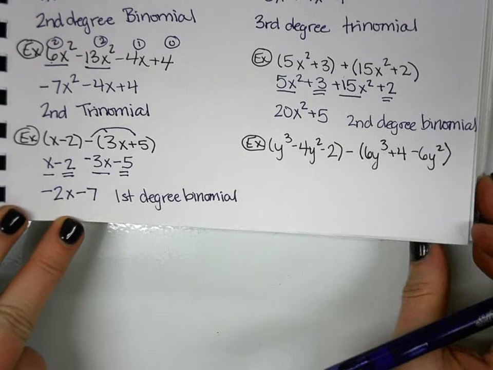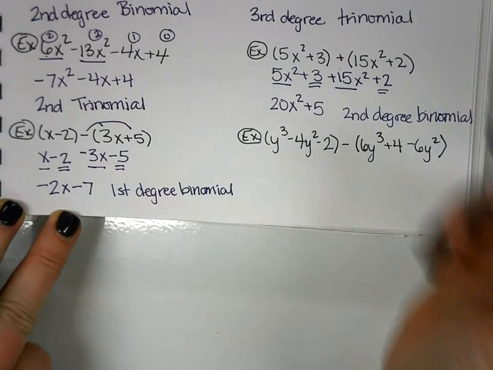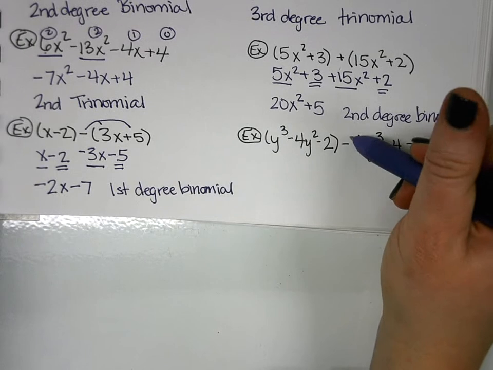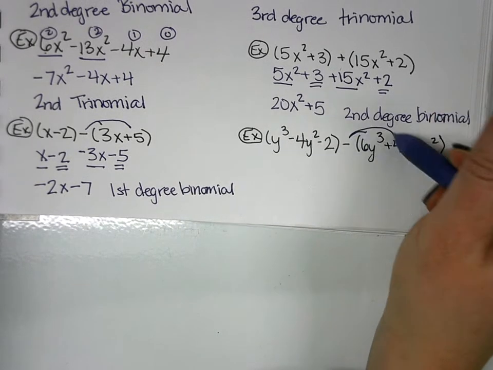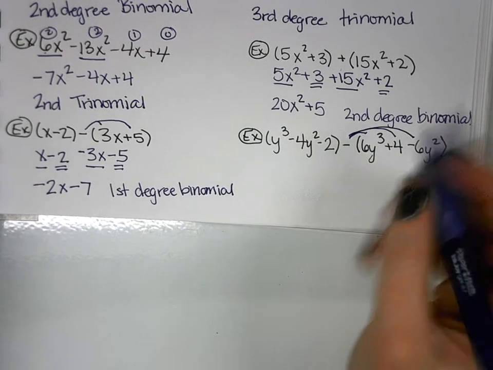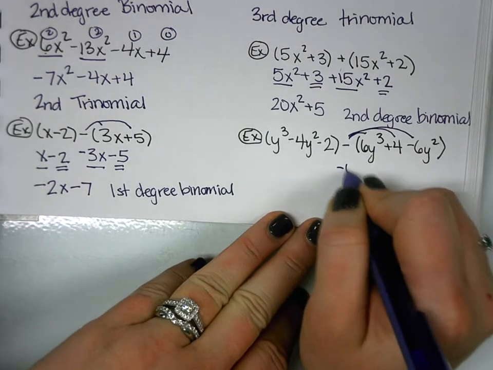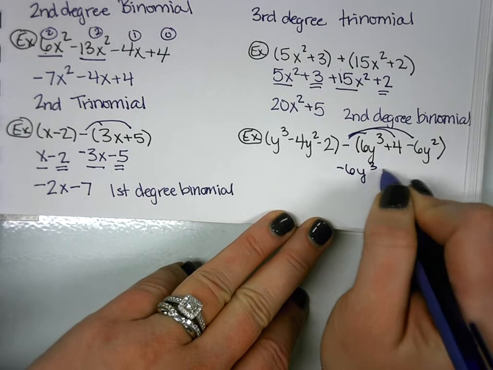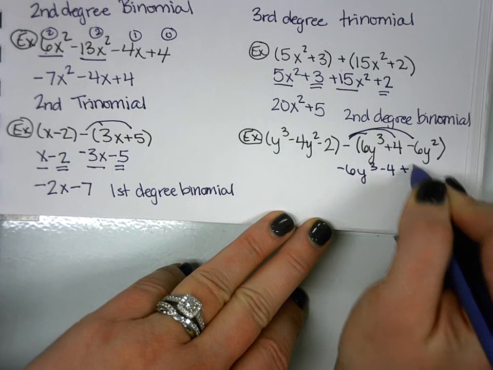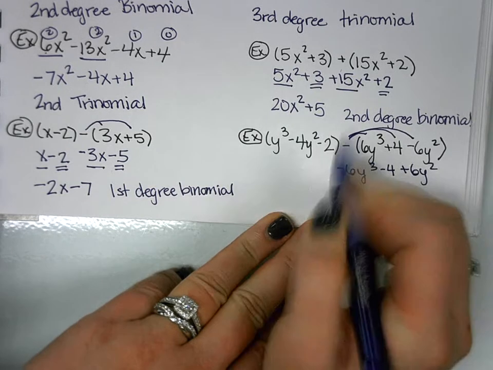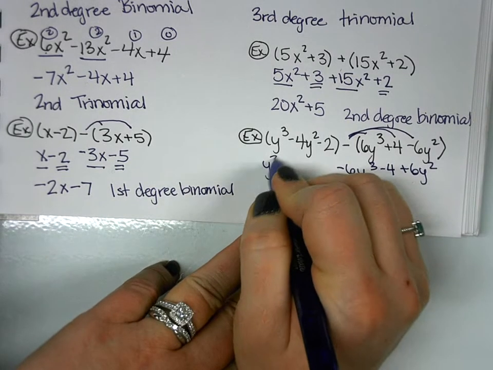Okay, last one. We again have to start by distributing the negative. So we'll have negative 6y to the third minus 4 plus 6y squared. And just copy the first one down.